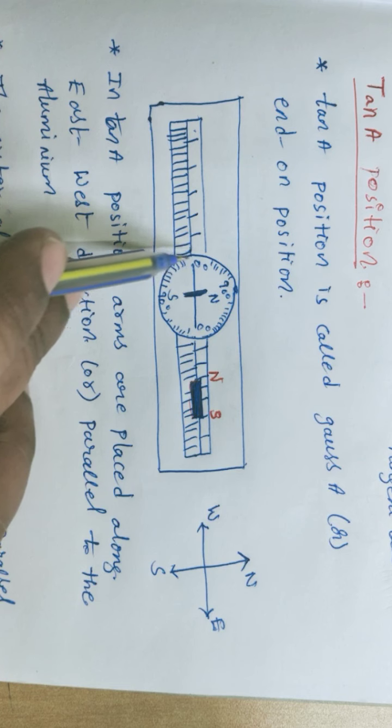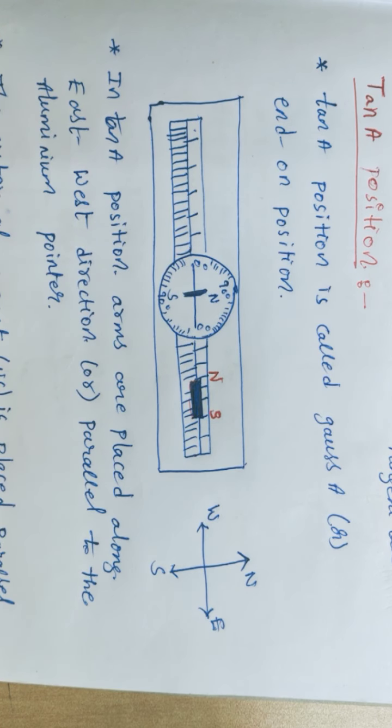At the center, we introduce one compass box. In that compass box, one small magnetic needle is present, and perpendicular to that needle, one aluminum pointer is introduced.